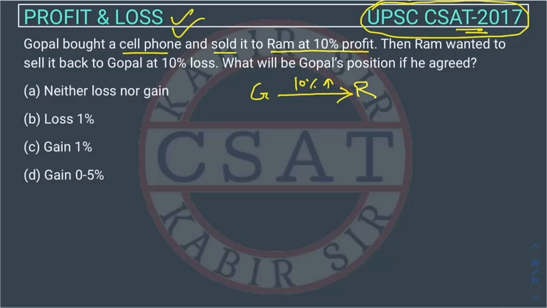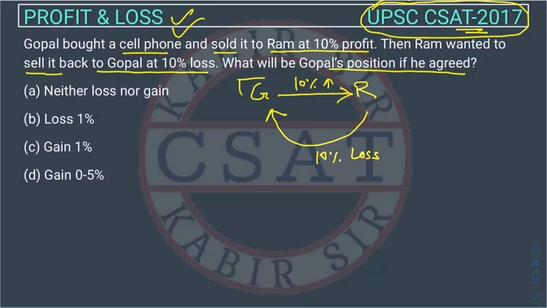right? Then Ram wanted to sell it back to Gopal at 10% loss. After some time, Ram sold it back to Gopal at 10% loss. So what will be Gopal's position if he agreed? So the question is asking the position of Gopal.